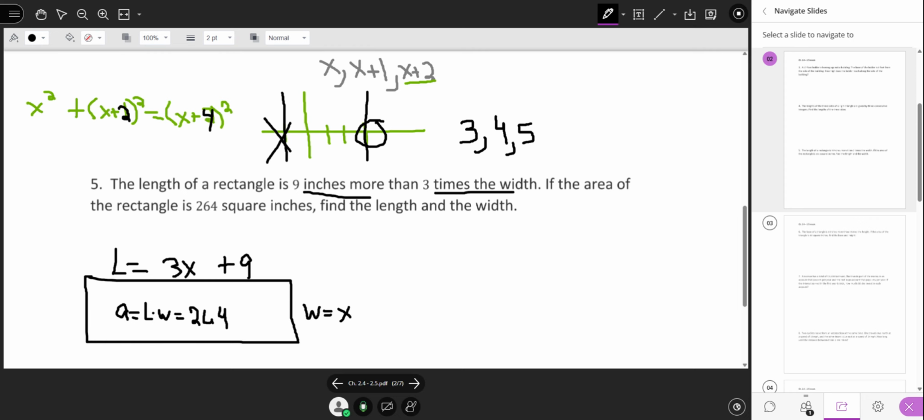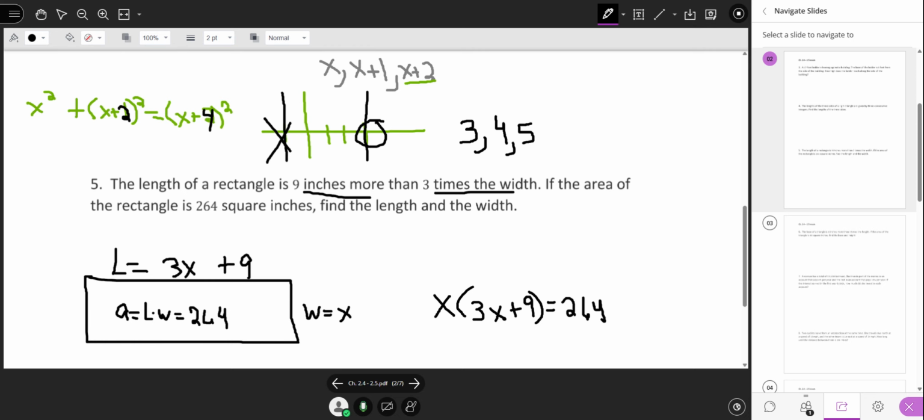So, in Desmos, you're going to put X parenthesis 3X plus 9 equals 264. And I'm going to go ahead and do that.